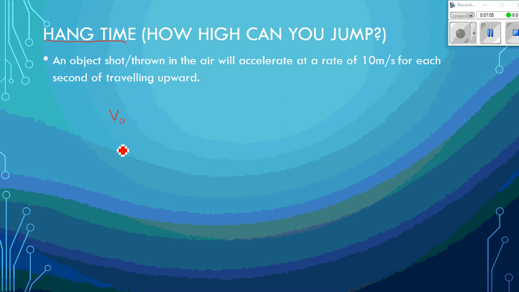And here's the checklist: V subscript naught, V, A, X, and T. And T is what we're looking for here, right? Well, actually, it was given to us, 2 seconds. It said if a person jumps 2 seconds, how high? So this X is always the meters. The acceleration is 10 meters per second squared. I'm going to put that negative in there automatically because I know it's little g.